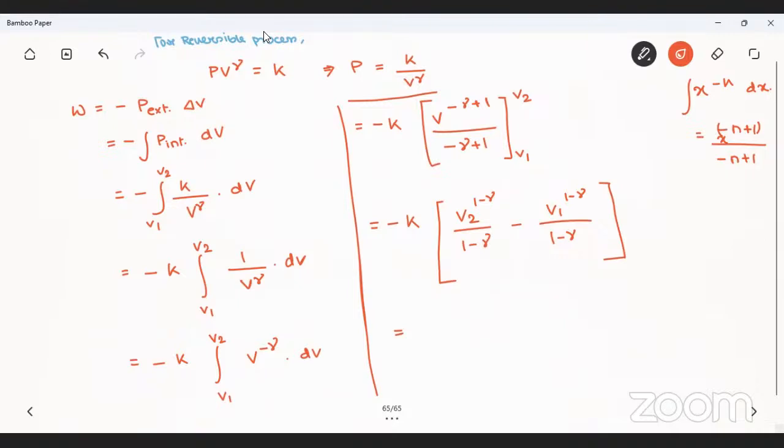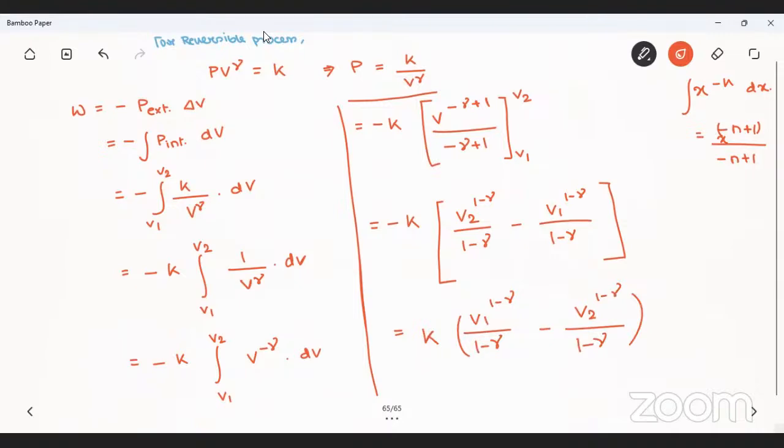So, up to here we can write like this: K into, if I want to remove this minus sign, V1 to the power 1 minus gamma minus V2 to the power 1 minus gamma, divided by 1 minus gamma. Up to this, is this part clear?